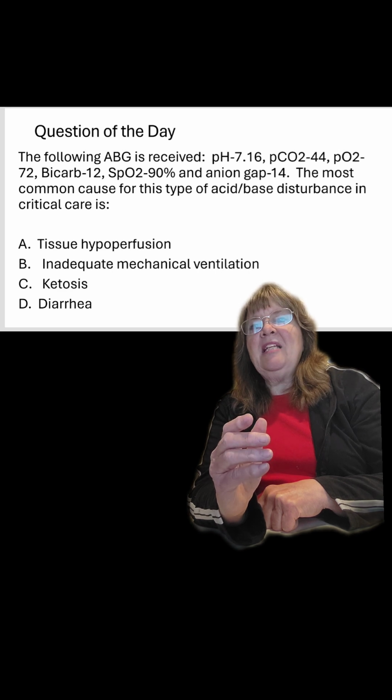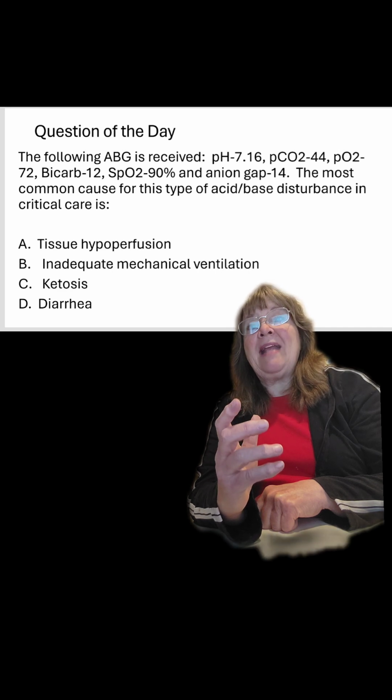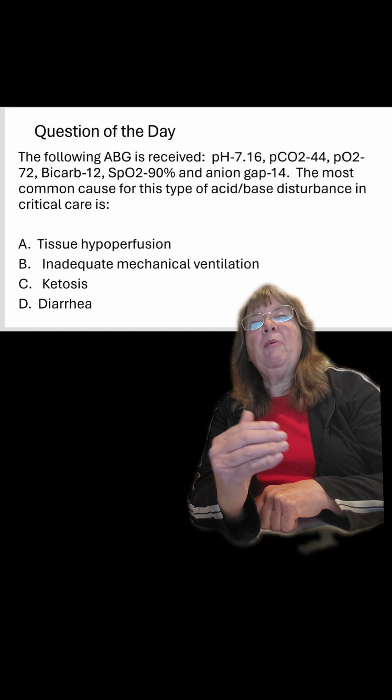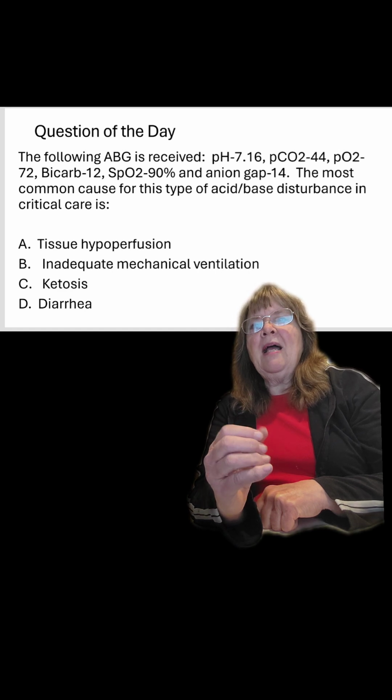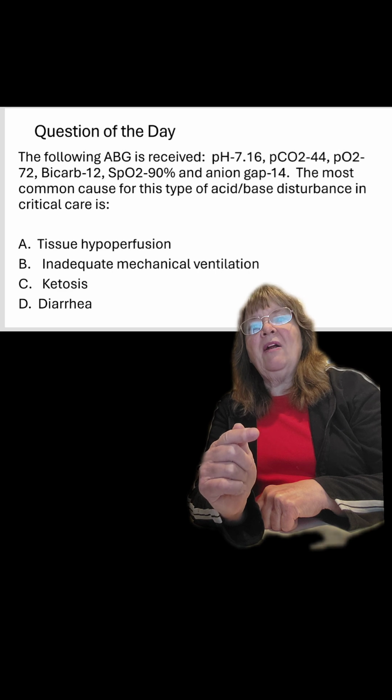The others: A, tissue hypoperfusion, B, inadequate mechanical ventilation, and ketosis. Well, think, inadequate mechanical ventilation is going to affect our respiratory parameter. So that is not the right answer because our respiratory parameter looks fine. Now, tissue hypoperfusion and ketosis, they're definitely in the running for causing metabolic acidosis, but they are not the culprits here.